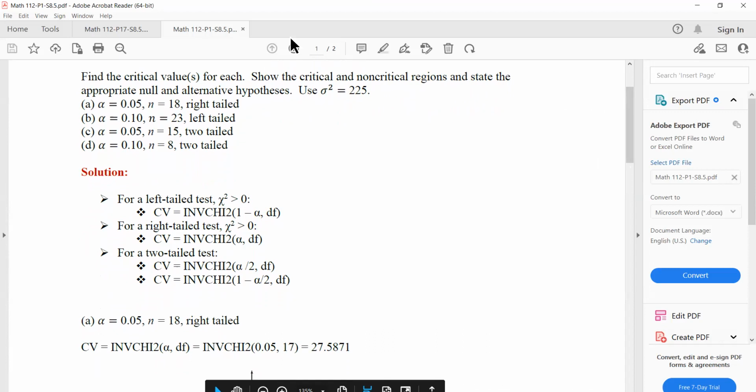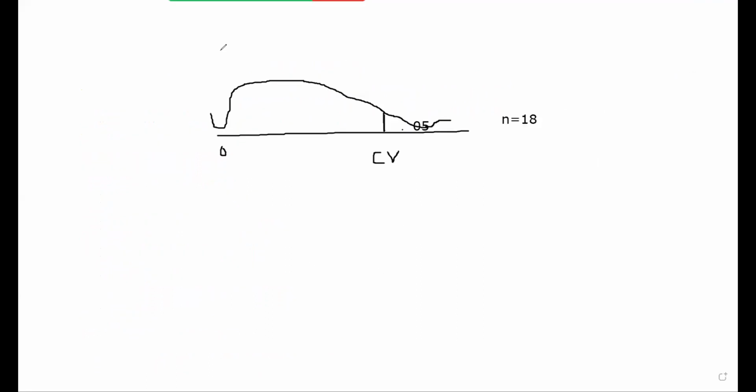So for part 1A, we have the critical value is equal to inverse chi-squared of alpha, which was 0.05, and df, which is, remember, your df is 1 less than n.